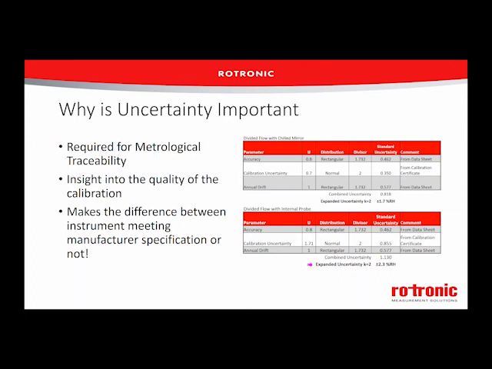If the uncertainties are very large, they could even be larger than what you're trying to measure with your instrument, especially if you've got a unit that you're trying to get measurements at the 1.5% level for. If you're starting with an uncertainty of 2%, for example, that's not an adequate calibration for your instrument. So it's very important for us to take this into account, and it can really make the difference between an instrument meeting manufacturer specification or just being out of tolerance. So very important for us to look at.